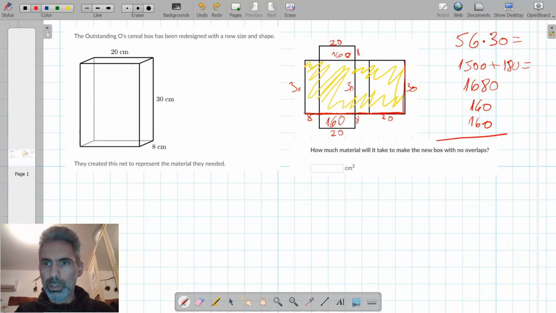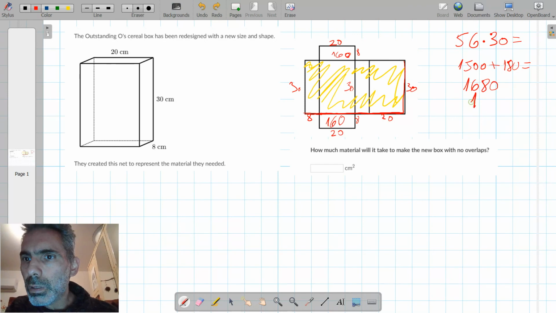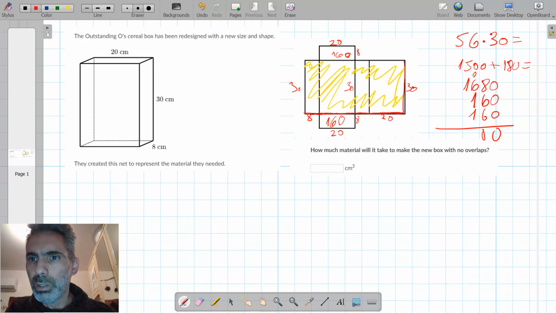So the entire surface area is, okay, let me write it in ordered fashion. So this is 0, 8 plus 6 is 14, 14 plus 6 is 20, 2 plus 6 is 8, 8 plus 1 is 9, 9 plus 1 is 10.